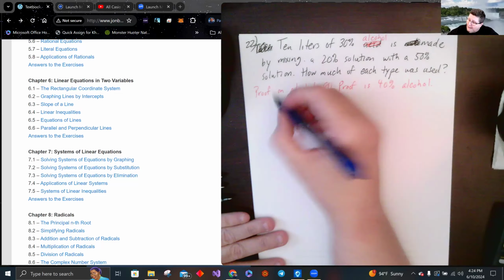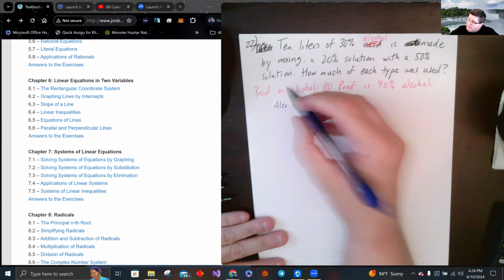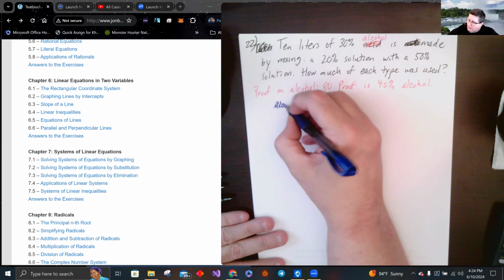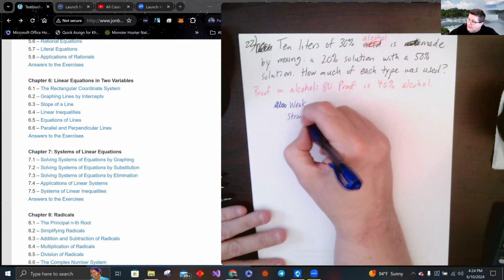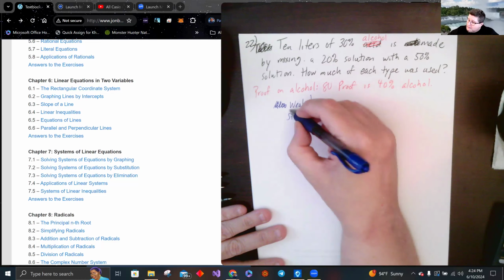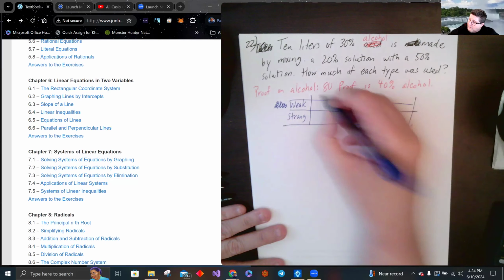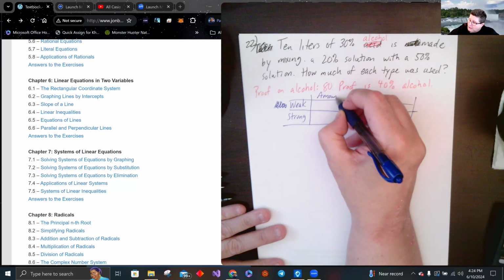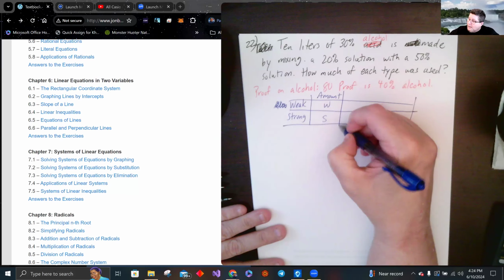So I'm going to have alcohol X. Let's call it the weak alcohol and the strong alcohol, and we'll do amount. I'll use W for the weak and S for the strong.